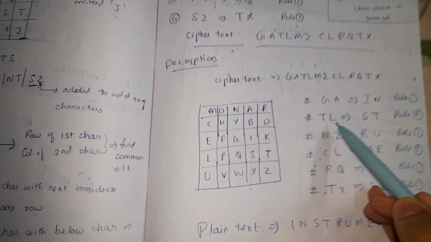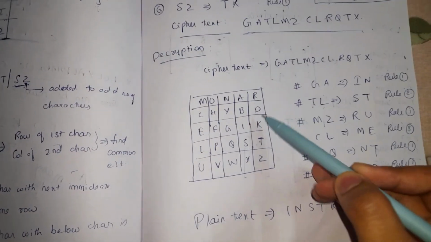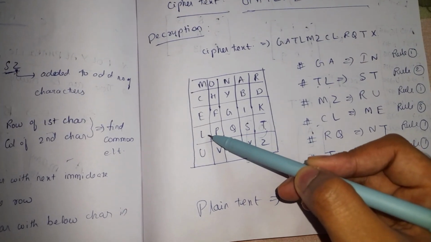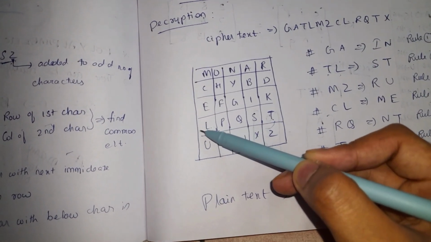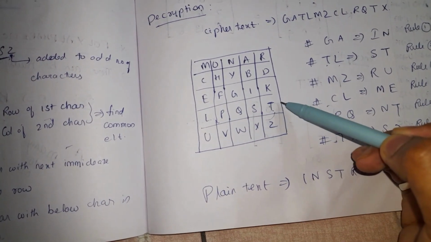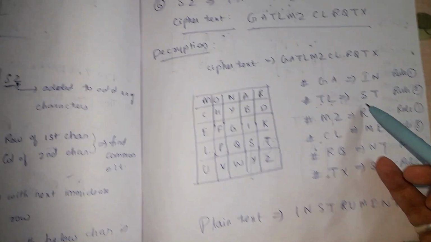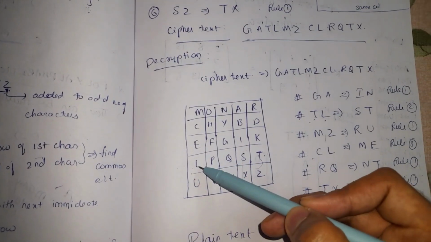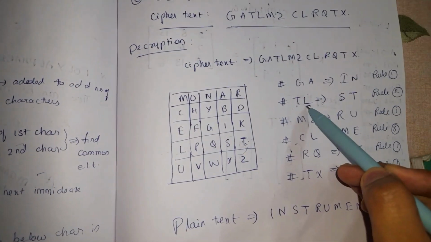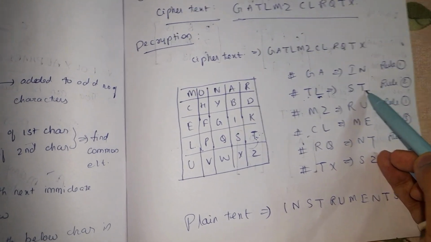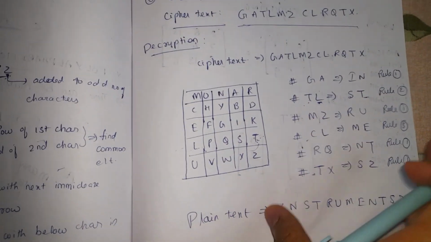We had taken T and L, right? For the previous character, there is no previous character, so we come from the end. So we replace L with T. Like this we need to perform.